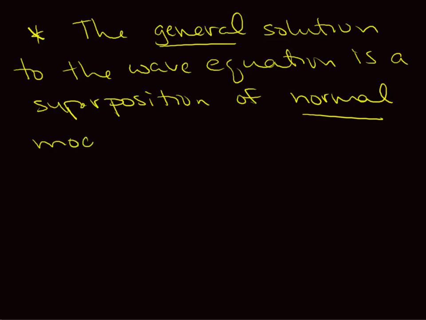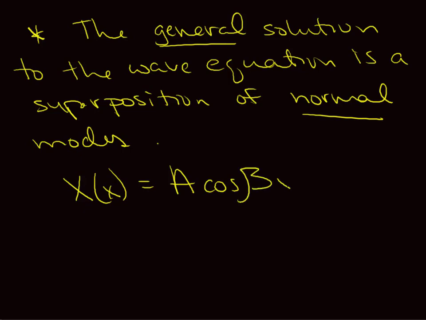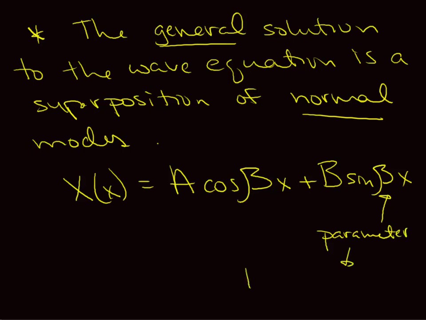And when I draw a normal mode, you'll say, oh, I get what a normal mode is, but hold on. This general solution can be described with this cosine portion of the function and our sinusoidal portion of the function. And I'm throwing some value beta right there, and I'll get into beta. This is a parameter that we're going to play with shortly, and it's going to describe the length of the string.